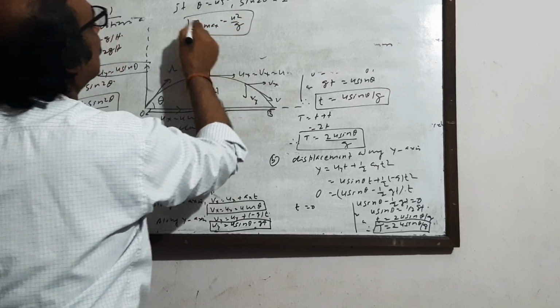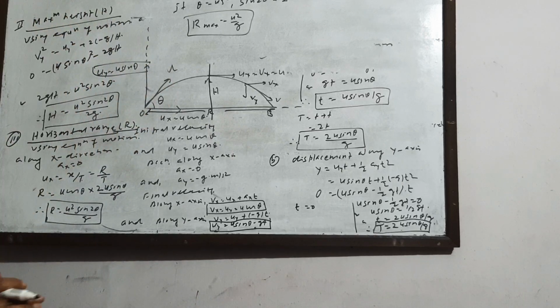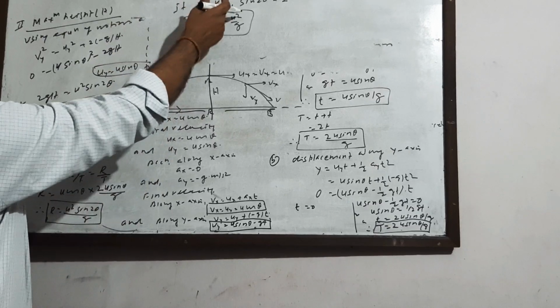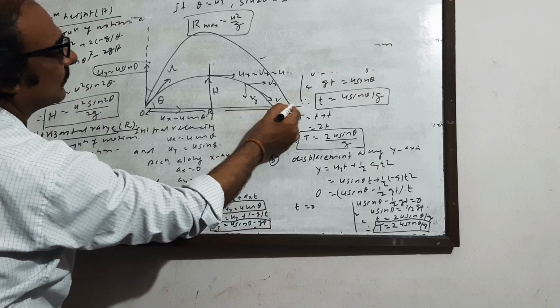So if the velocity of the projectile remains the same, like U, and there is a change in the angle, and if it is taken at 45 degrees, the range of the projectile will be maximum.